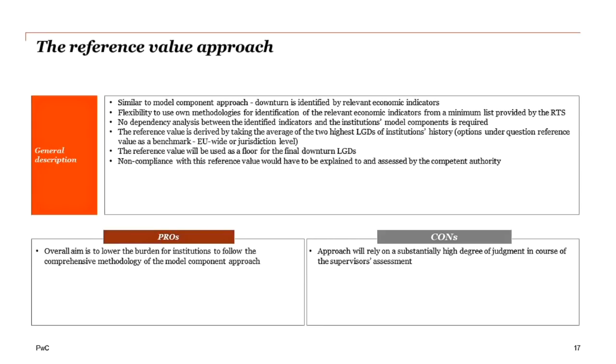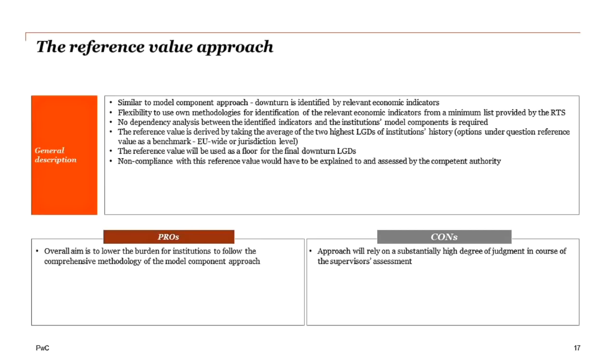Here, the downturn is identified by relevant economic indicators. The approach is similar to model component approach. However, banks have a bit more flexibility, and they may use own methodologies for identification of the relevant economic indicators, but from a minimum list provided by regulator.